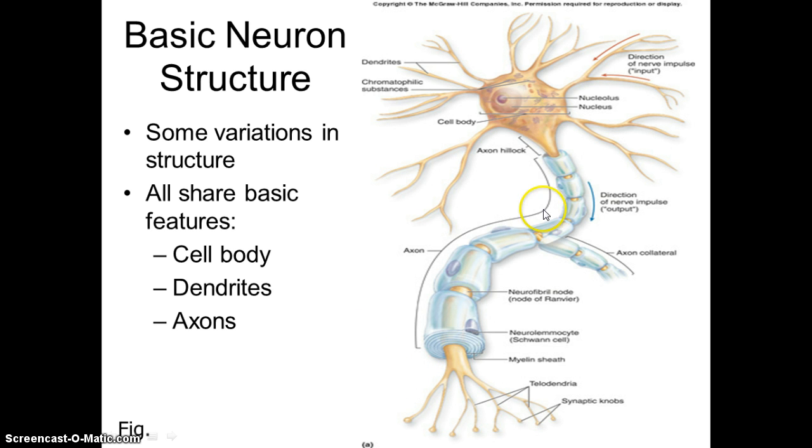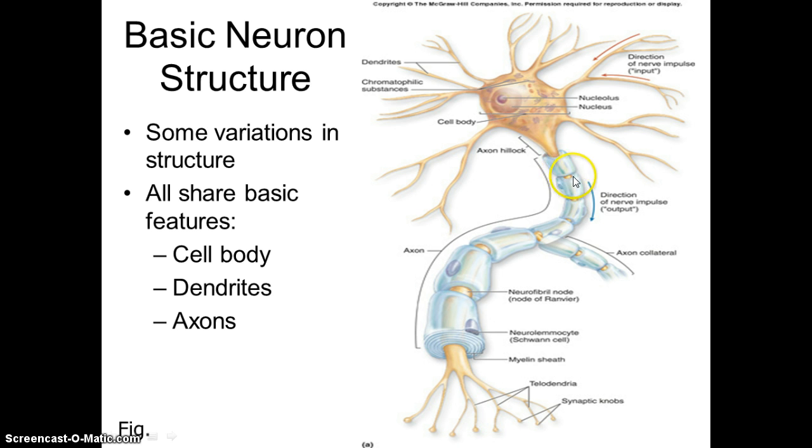Here we're looking again at a basic neuron. You should be very familiar by now with the cell body. The processes that are transmitting impulses toward the cell body would be dendrites, and we can have anywhere from one to several dendrites attached to a cell body, versus a larger, longer axon, which is transmitting impulses away from the cell body.